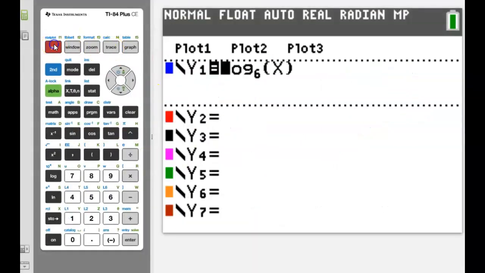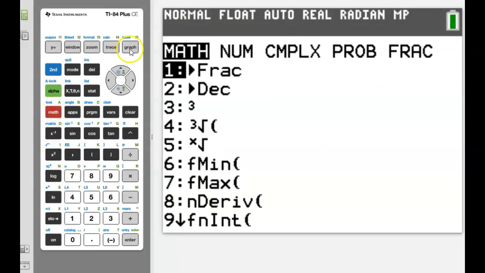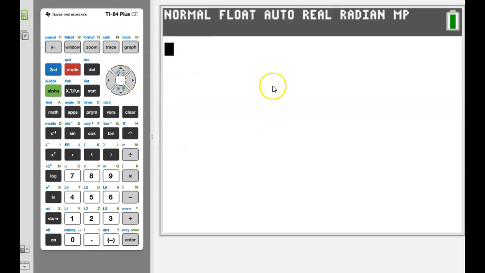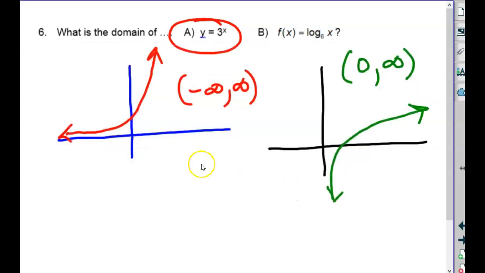The log base. It's math, up arrow, log base. You may not have it. It would be on mine. You can use my calculator for that, but the older ones don't have it.